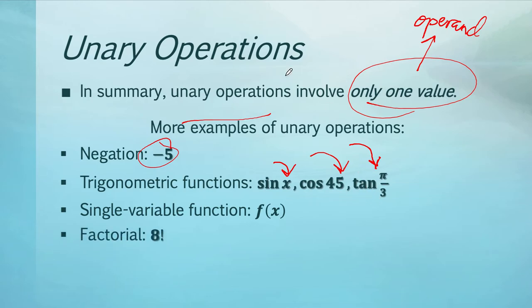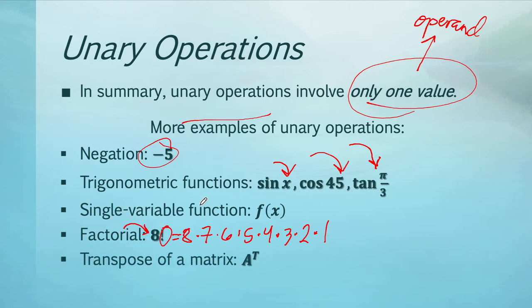We have factorials. So 8 factorial is equal to 8 times 7 times 6 times 5 times 4 times 3 times 2 times 1. There's only one operation, the factorial, and it only involves one operand. We have the transpose of a matrix, which we will not discuss here, but you can find it in linear algebra.